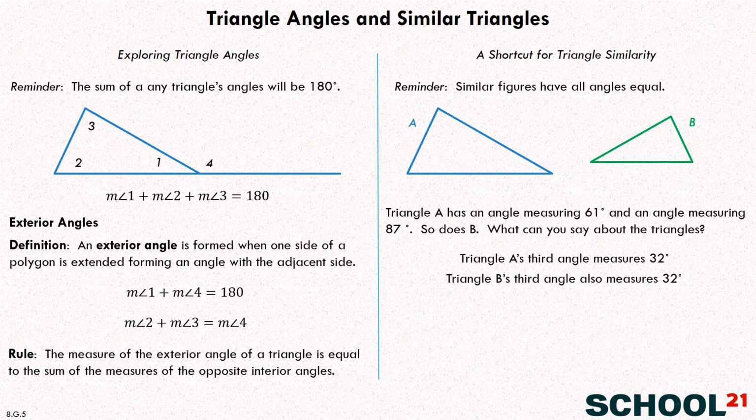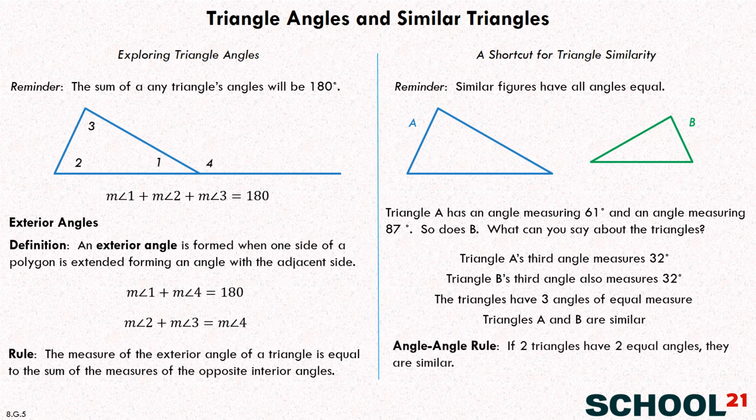And that means that all of the angles are of equal measure between triangle A and triangle B, which means that they're similar. So if you have two triangles and you know all three angles are the same, you can say, hey, those are similar. But you can also say, and we'll write this as a rule, we'll call it the angle-angle rule. If two triangles have two equal angles, they're also similar because they must have that third angle be equal too. Great job.